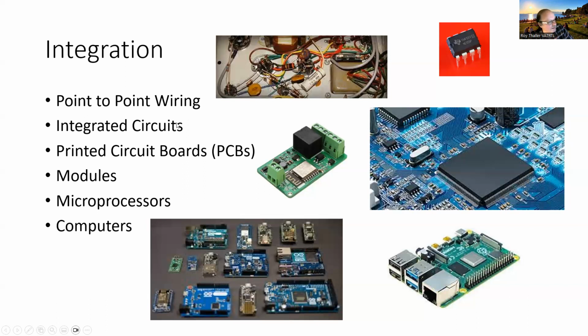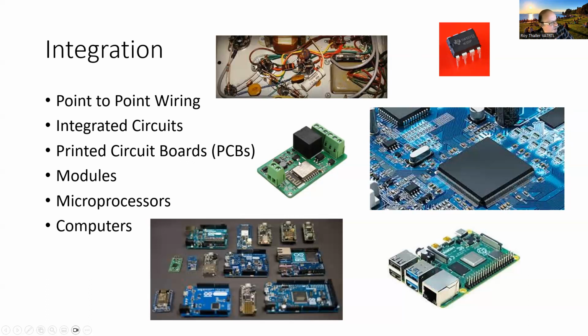Then came the integrated circuit, and here's one, an 8-pin integrated circuit. This could be a timer, for example, or an operational amplifier. And next came PCB boards. Here is a simple one. A lot of these components now are mounted on a PCB board with connections going back and forth.